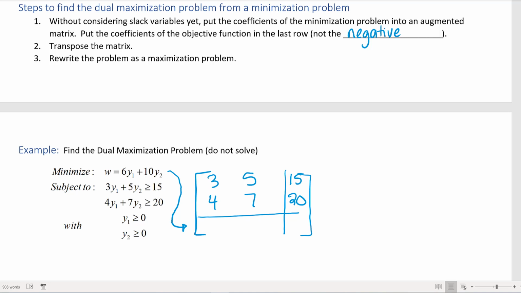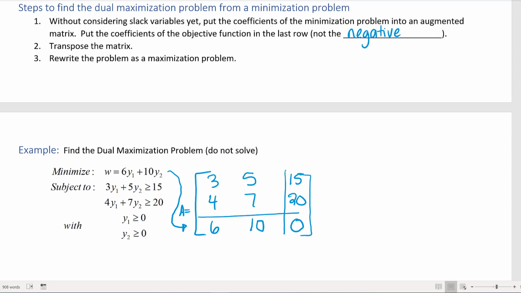Notice this is not the negative, so I'm just going to put a positive 6, a positive 10, and we put a 0 for the last value because we don't have a constant in that minimized problem. Notice I didn't have a W column and I don't have any slack variables right now. This is just put the values in, okay? And I'm going to call this A.